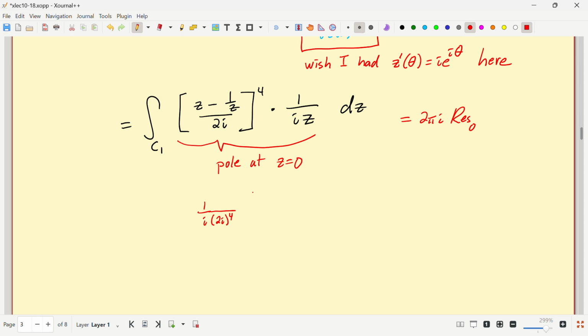And then I have to take z minus 1 over z to the fourth. Let's see, first I'll pull out the 1 over z. And then I have z minus 1 over z to the fourth. So if you use Pascal's triangle, you get z to the fourth minus 4z squared plus 6 minus 4 over z squared plus 1 over z to the fourth.